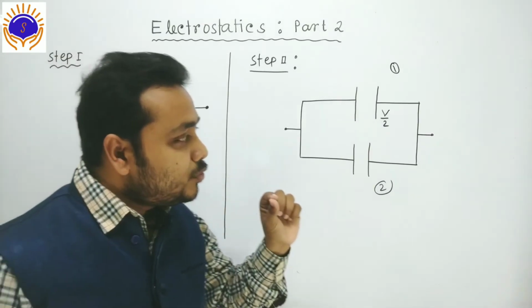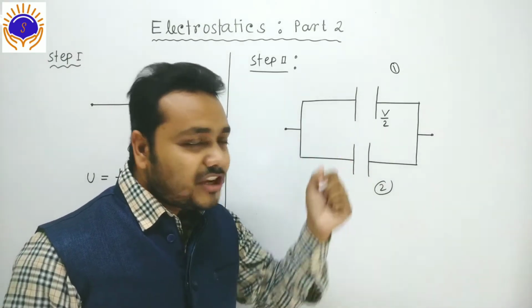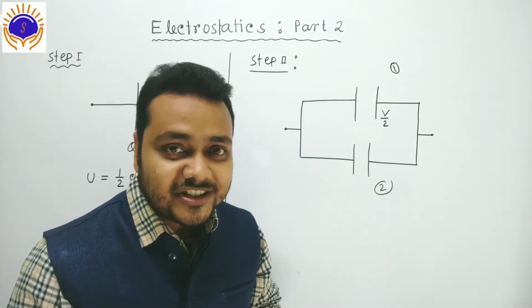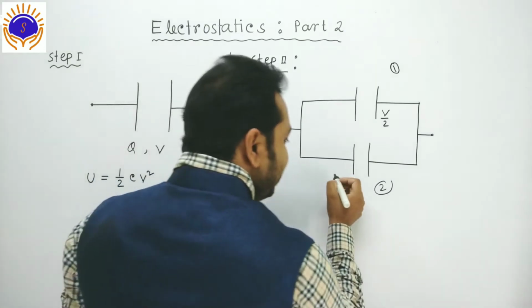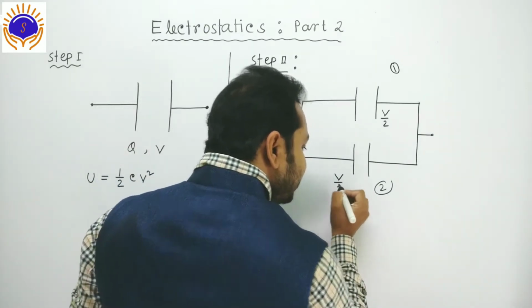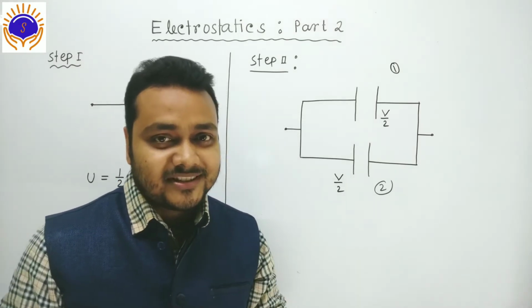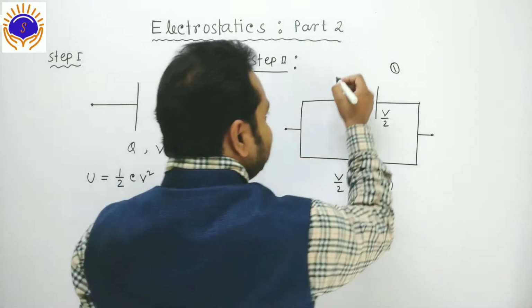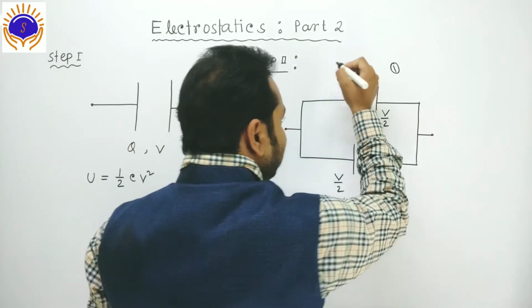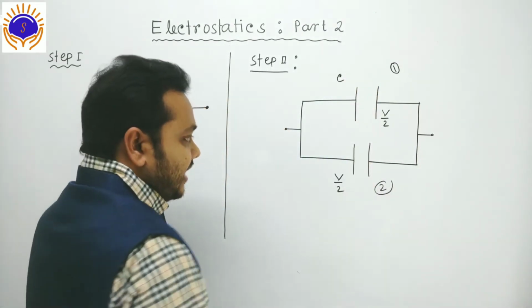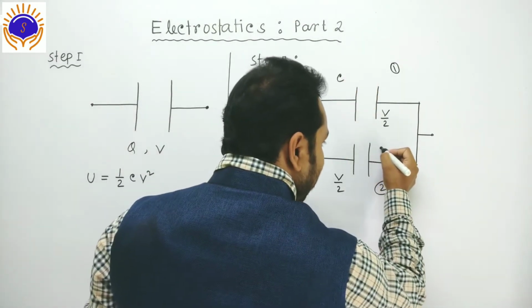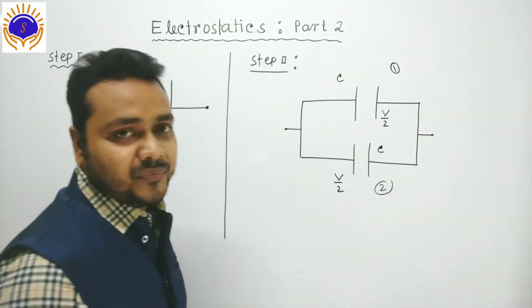Suppose V by 2 is the potential difference of the first capacitor and V by 2 is the potential difference of the second capacitor. The capacitance of the first capacitor is C, and the capacitance of the second capacitor is C.